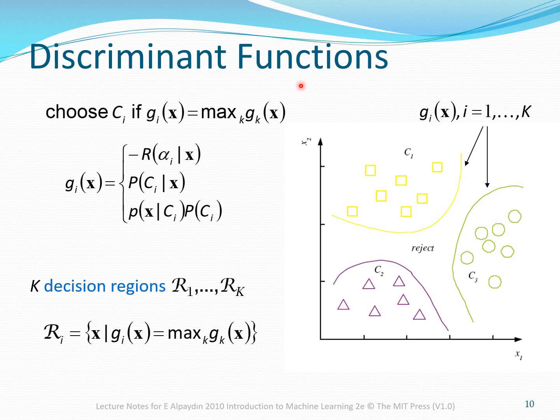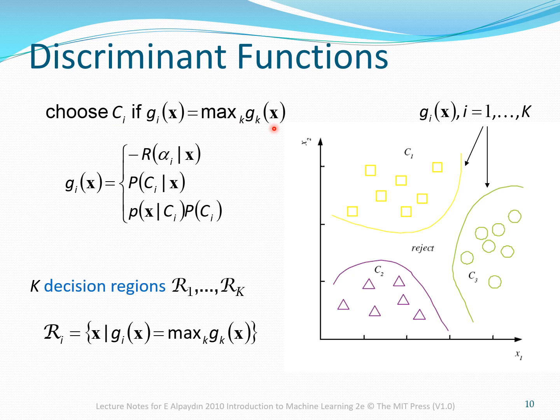Discriminant functions. Classification can also be seen as implementing a set of discriminant functions g_i of x where i equals 1 to K, such that we choose Ci if g_i of x equals max over k of g_k of x.